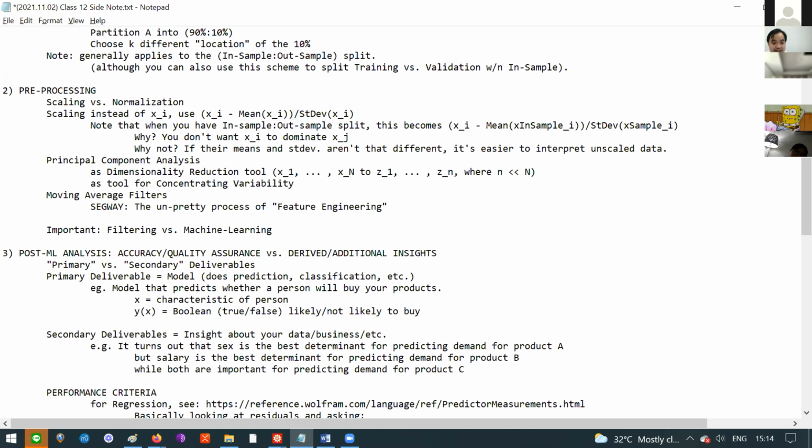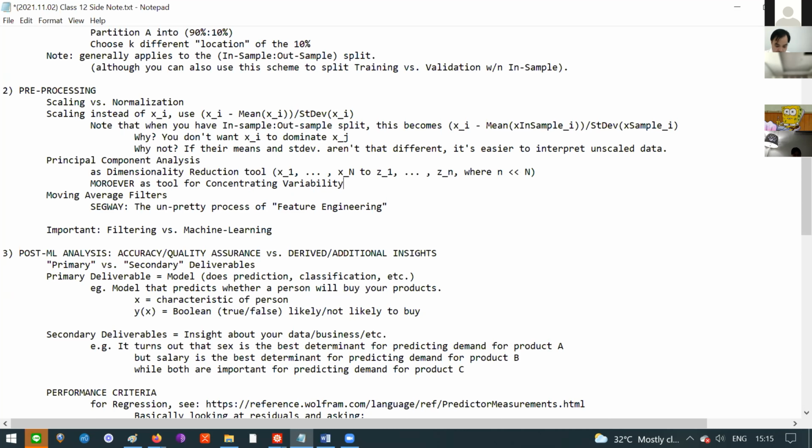Okay, so that is not just one thing, because you can use that with other tools of dimensionality reduction. More importantly, it is a tool for concentrating variability.